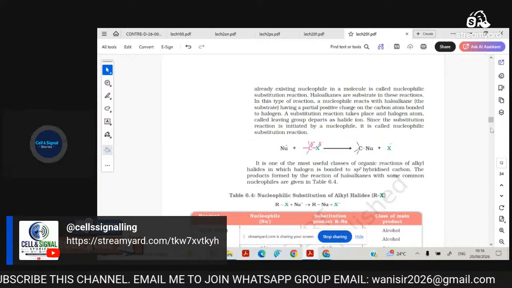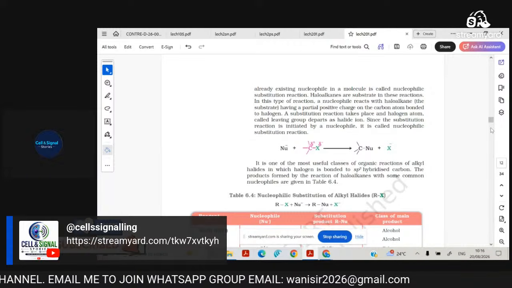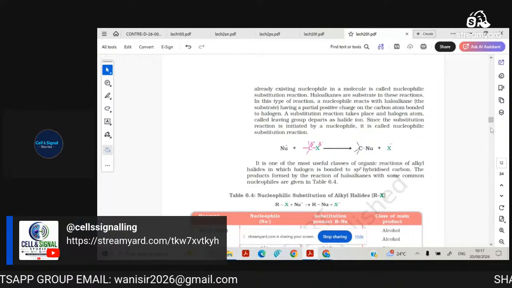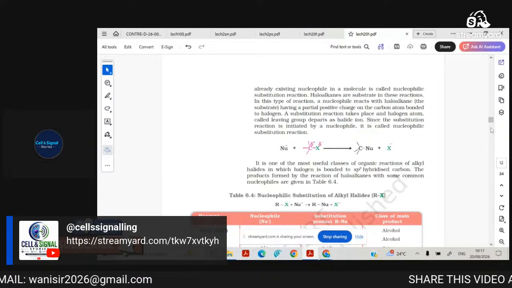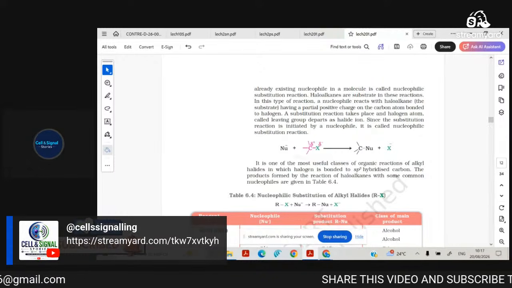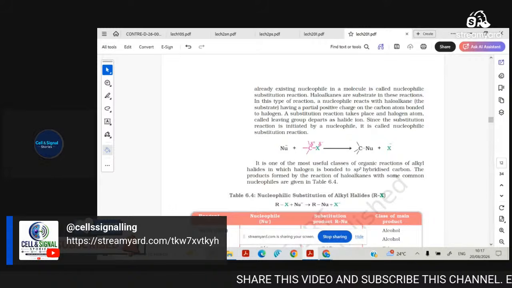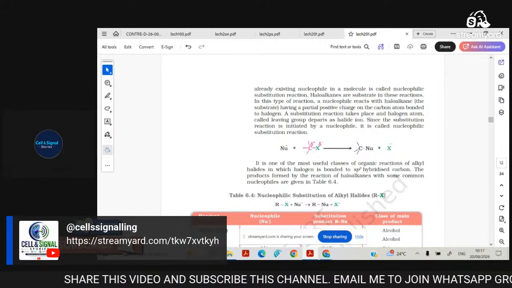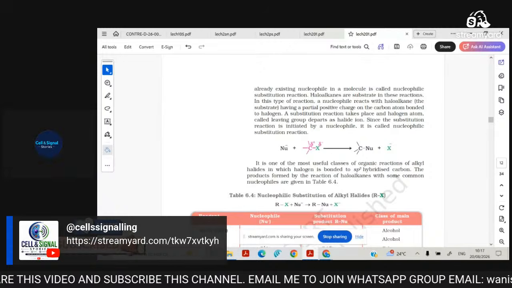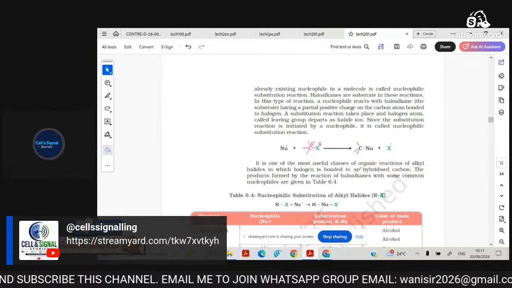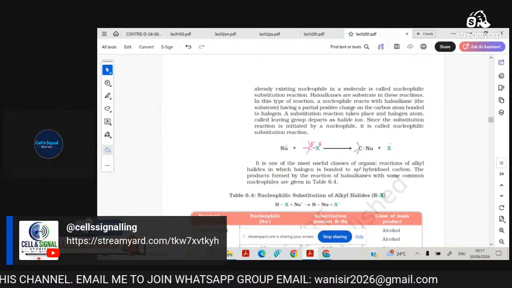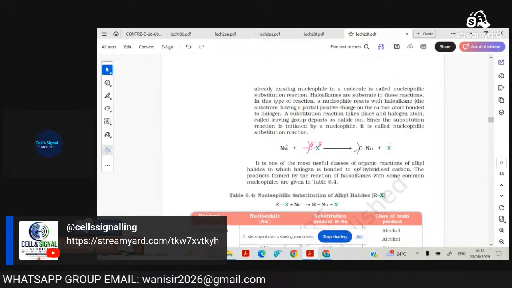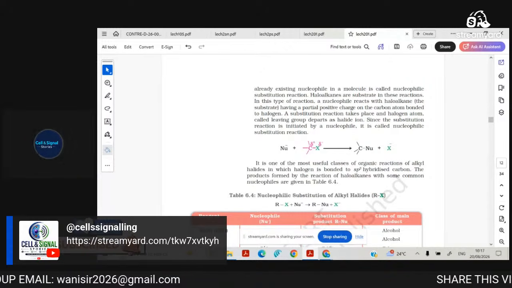So haloalkanes are the substrate in these reactions. What is the substrate in the nucleophilic substitution reaction? They are the haloalkanes. In this diagram you can see the haloalkane, and the group on it is being replaced by the nucleophile. In this type of reaction, the nucleophile reacts with the haloalkane, which has a partial positive charge and a partial negative charge.